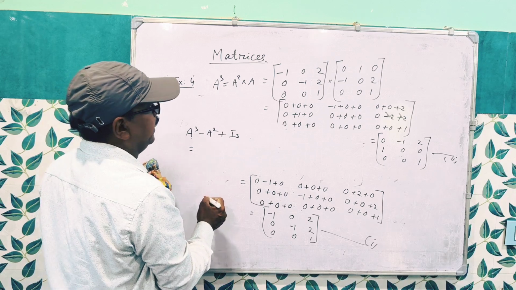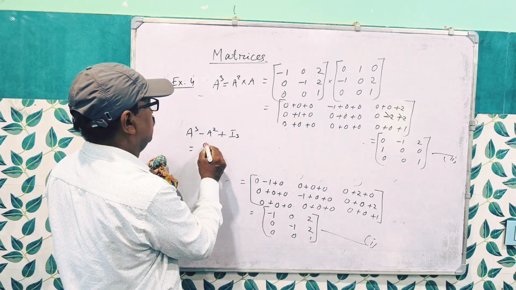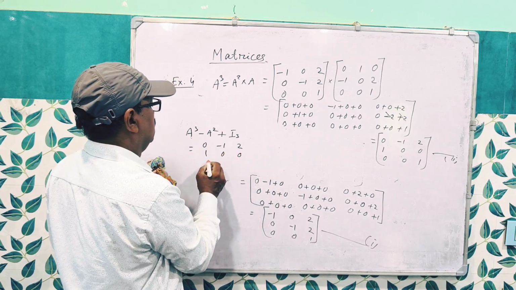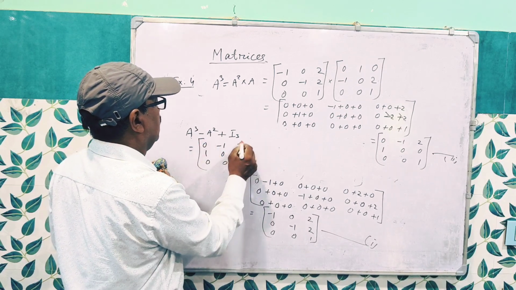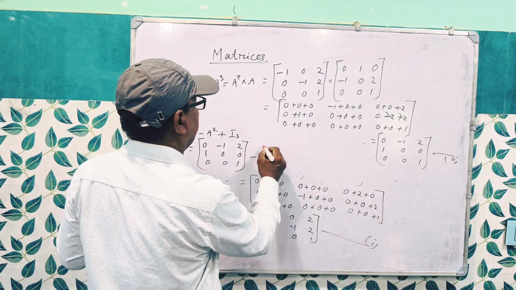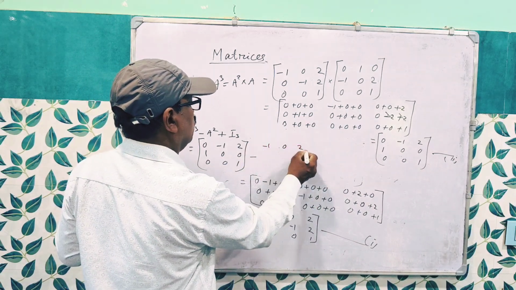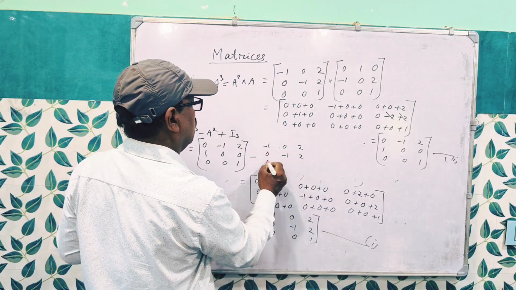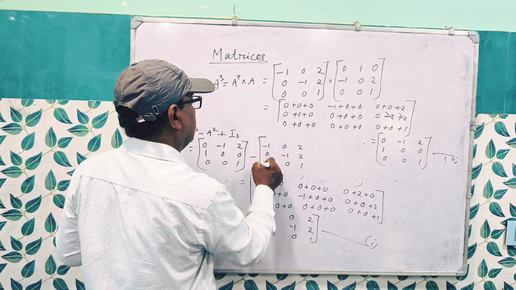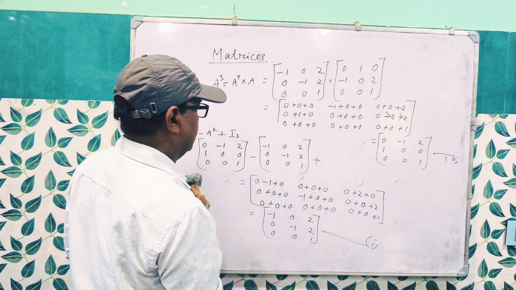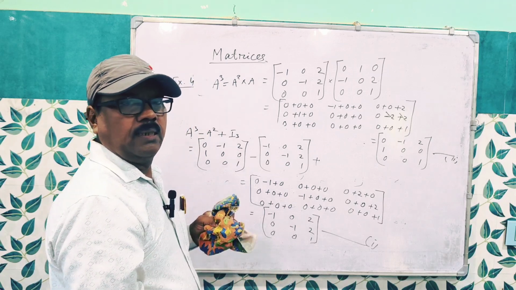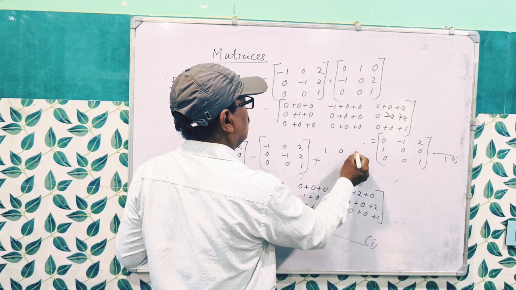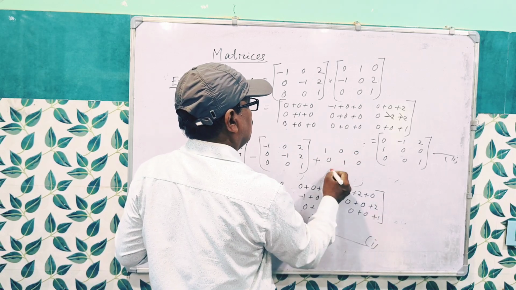That means A cube we have got 0, minus 1, 2; 1, 0, 0; 0, 0, 1. Clear? Minus A square: minus 1, 0, 2; 0, minus 1, 2; and 0, 0, 1, plus I3. I3 means I is an identity matrix of order 3: 1, 0, 0; 0, 1, 0; 0, 0, 1.